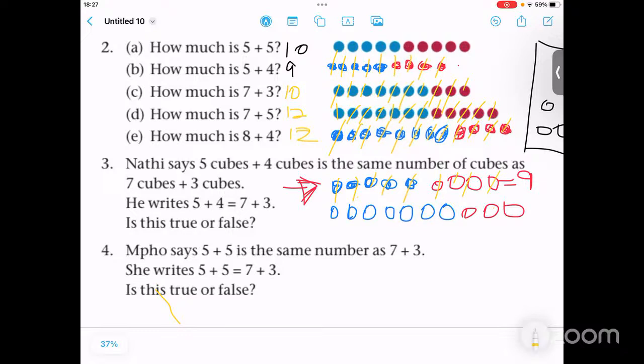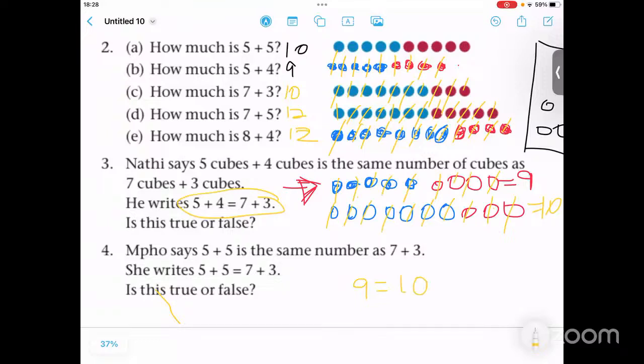Now, what do you get now when you are adding 7 with 3? 10. 1, 2, 3, 4, 5, 6, 7, 8, 9, 10. So that means we are having a 10. So now this is the same as, because we already calculated, guys, a 4 and a 5, we can just write a 9. So 9 is equal to 10.